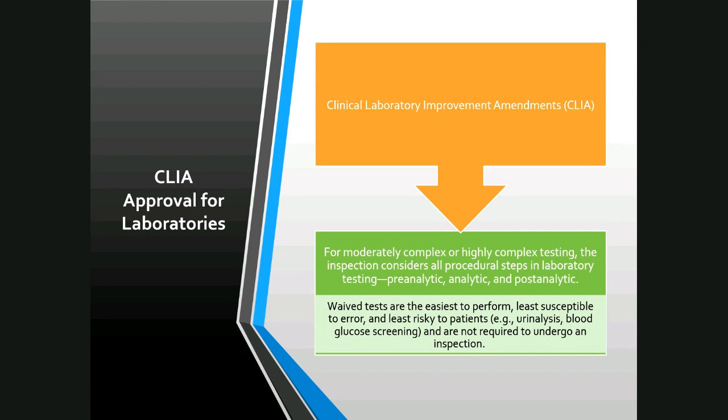Tests of high complexity are those that are complex to perform and may allow for a reasonable risk of harm to the patient if the results are inaccurate. These include tests that require sophisticated instruments and a pathologist or doctoral level scientist. Examples include bone marrow evaluation and electrophoresis. So that gives you some breakdown of these components.